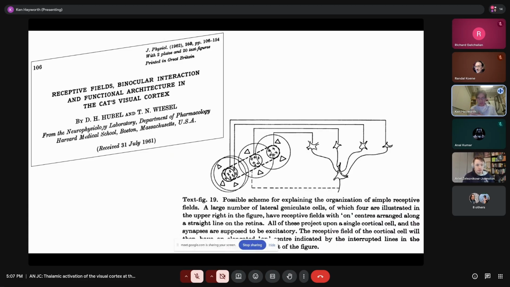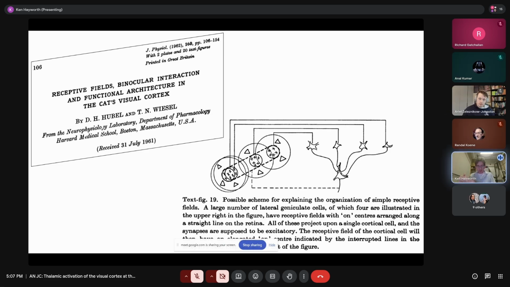And Hubel and Wiesel in this 1962 paper discovered this, and found that these visual cortex neurons in the cat, in this case, were selective to a particular orientation. They came up with a model that said, we know that the lateral geniculate nucleus has these cells that look for little dots, essentially.